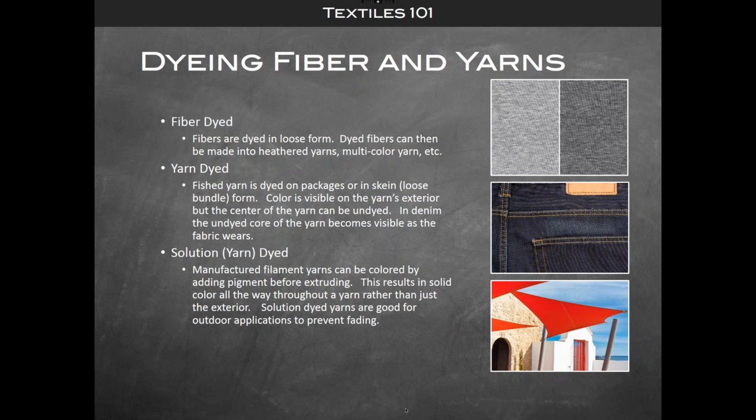So solution dyeing results in solid color all the way throughout the yarn, not just the exterior. And solution dyed yarns are good for outdoor applications because when you have the color throughout the full yarn, that will help prevent fading.